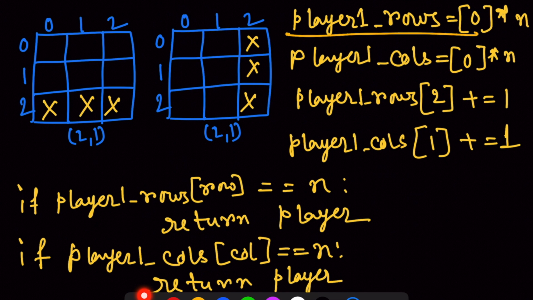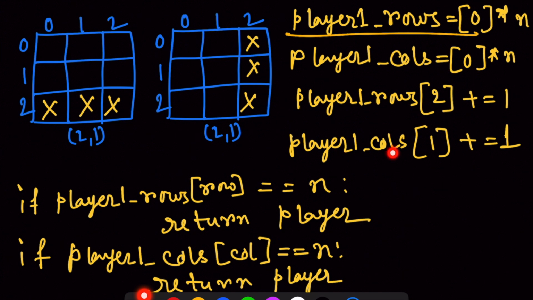Now I am just trying to write simple pseudocode. Player 1 rows is a list of size n, columns also is of size n, and here player 1 is making a move at row 2, column 1. So player 1 rows of 2 will be incremented by 1.